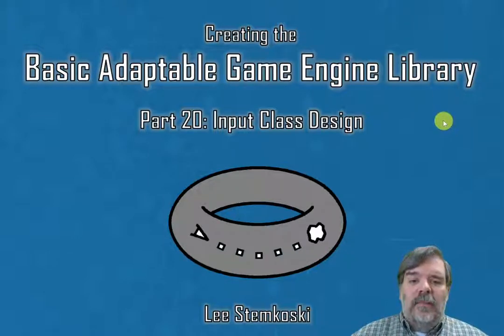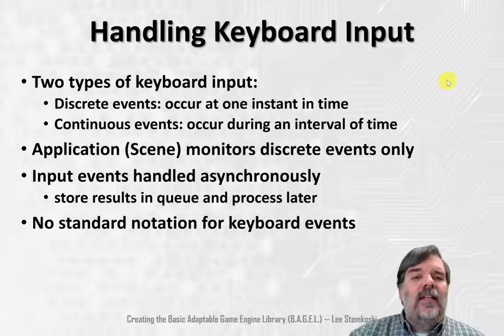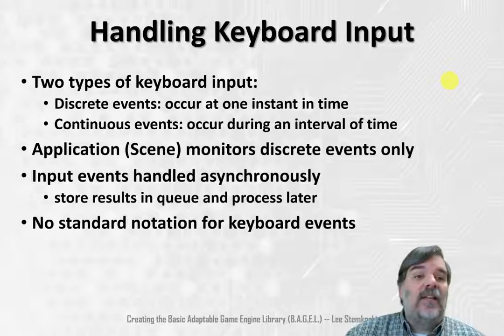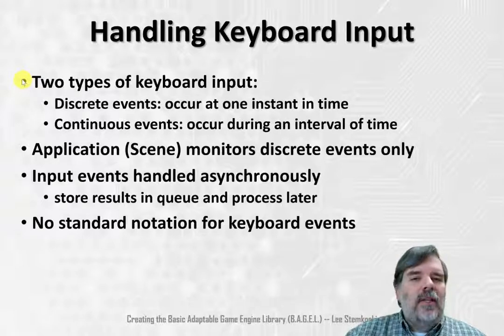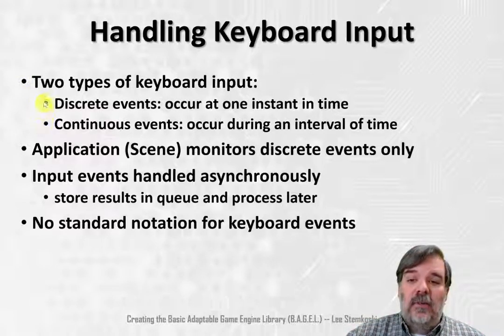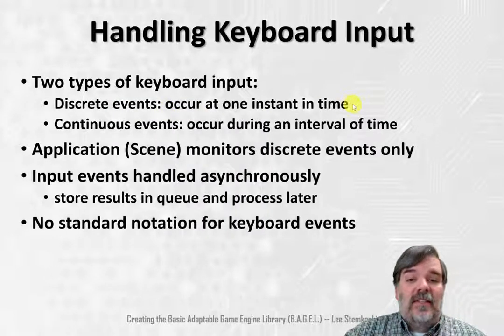So let's talk a little bit about how input classes need to work. First, we'll just talk about handling keyboard input in the class right now. In a future video, we will someday talk about handling mouse input. But for now, just keyboard input. And really, there's two different types of events you might see in games: discrete events and continuous events. For example, if you were jumping, that occurs at one instant in time.